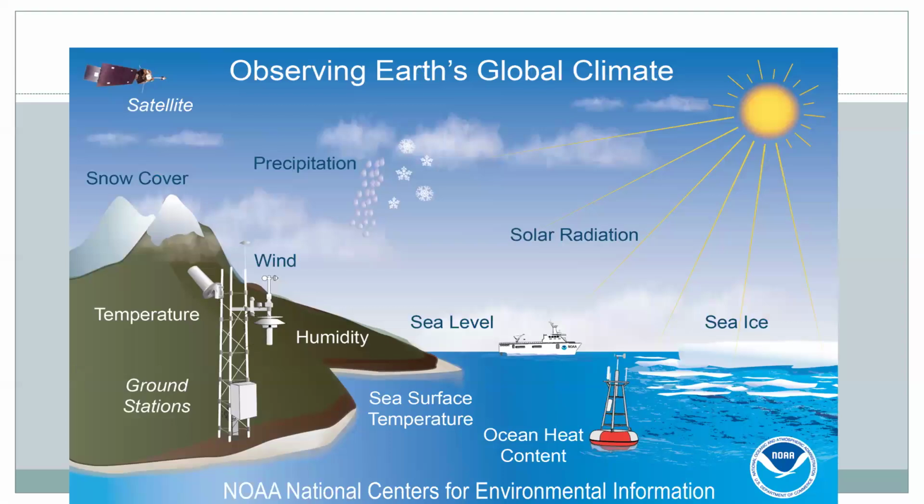This is a conceptual diagram showing how Earth's global climate works. Solar radiation pumps seawater and precipitation takes place. Solar radiation also warms the oceans.